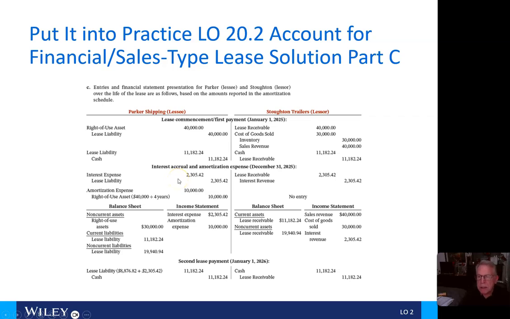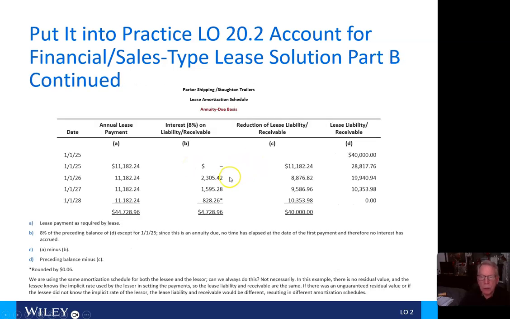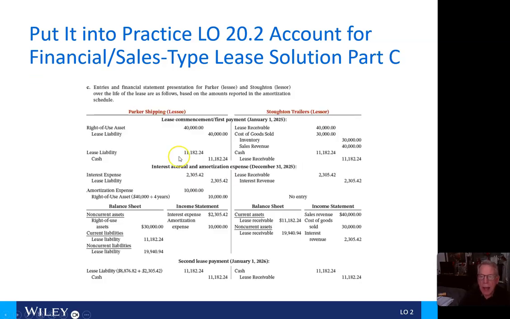And then a debit to interest expense for $23,0542 here, and a credit to lease liability for the same amount, and then a debit to amortization expense of $10,000, and that's $40,000 divided by 4 years. And the credit is to right of use asset. Okay, so they show how the income statement and balance sheet would look after posting those journal entries for Parker, the lessee.